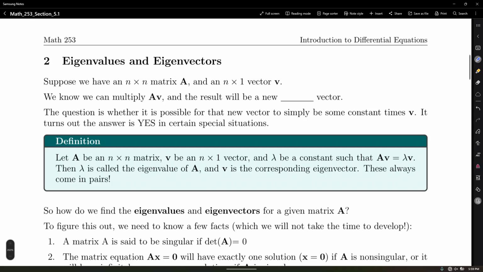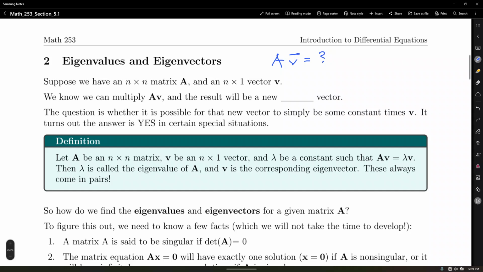So let's suppose we have a square matrix A of size n by n, and then we have another matrix, an n by 1 matrix, which is more properly called a vector. If we multiply those together, A times V, what is that going to be equal to? For now, it's a whatever.